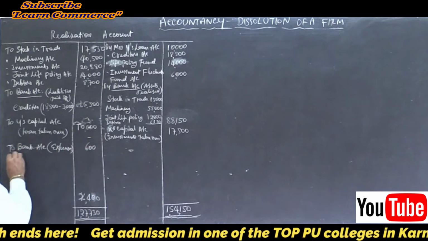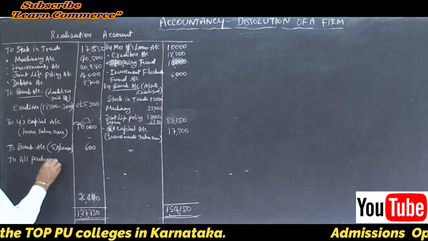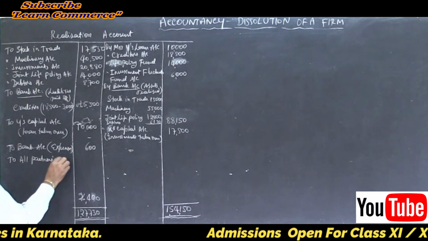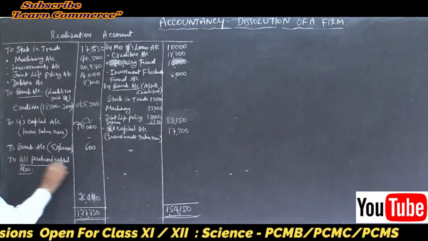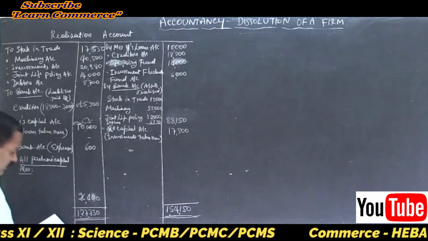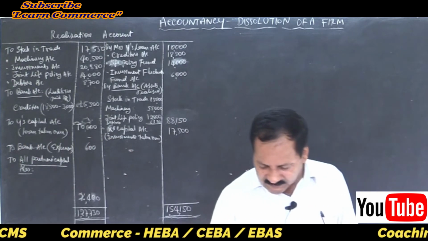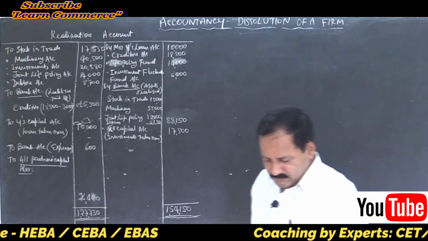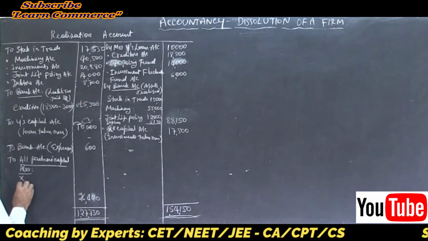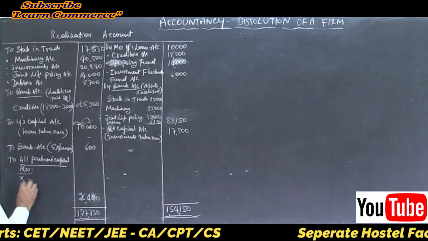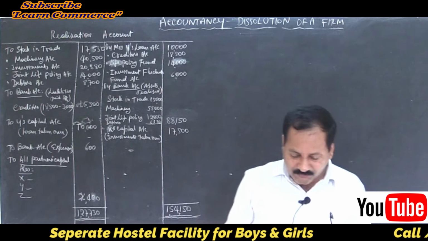All partners capital accounts. Under that, write X, Y and Z, right? X, Y and Z. Yes, it is. X, Y, Z, distribute it in their profit sharing ratio of 3:2:1.